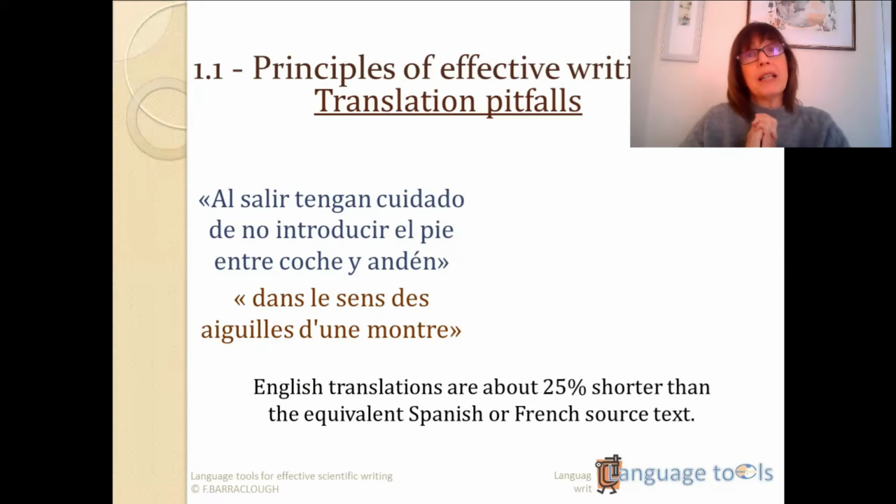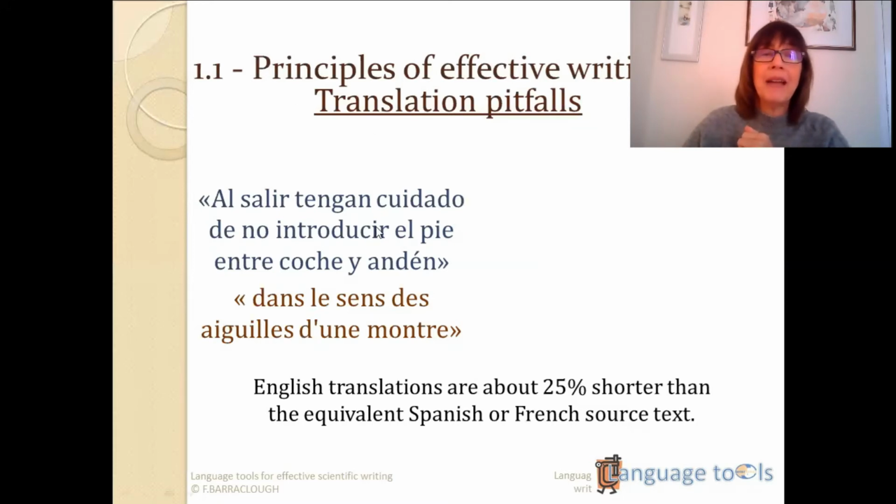Okay, obviously at this stage in your research career, I do not expect any of you to be writing in your language and then translating into English. However, it is very difficult not to do this in your head, okay? So I just took a couple of examples, one in Spanish, one in French, to show you that sometimes the other language, in this case English, is radically different, okay?